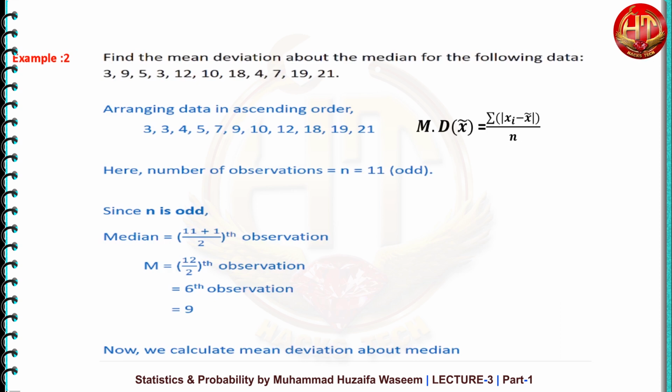Another method is to calculate the median with the help of the formula, which is the (n plus 1) divided by 2 th value. Here n is equal to 11, plus 1 is equal to 12. Then 12 divided by 2 is equal to the 6th observation in the given series. What is the 6th observation in the given series? It is 9. So 9 is your median.